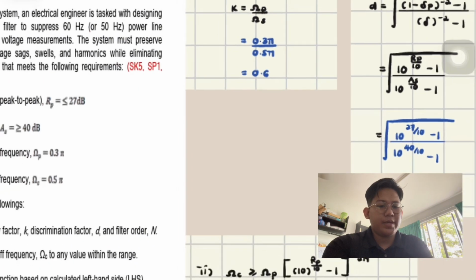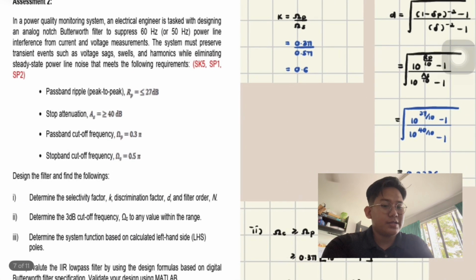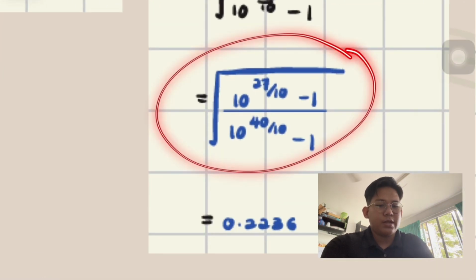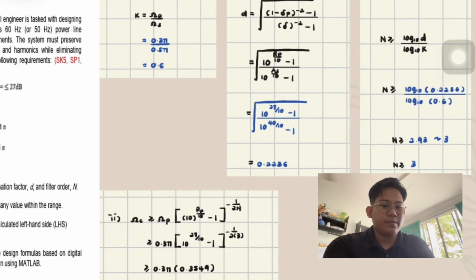Since Rp from the question is 27 and As equals 40, we input the values into the formula, and we get 0.2236.